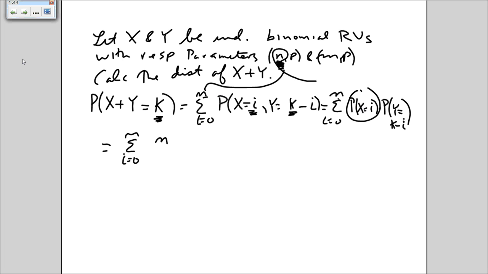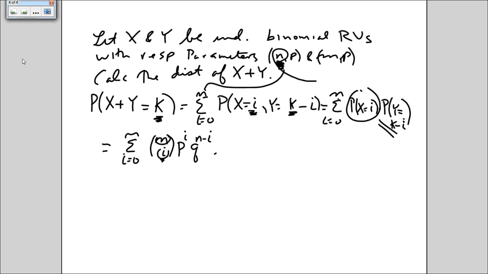Well, there are n experiments, and you want to pick exactly i of them. That's the probability of success p, and you want i successes. And failures, which is q, you want n minus i of them to be failures. Times the probability that y equals k minus i.